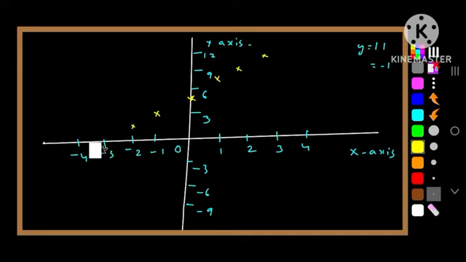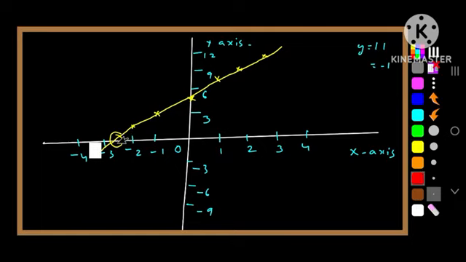So when I join all these points, you can see that I'm getting a straight line. So here the graphical line is intersecting at this particular point.